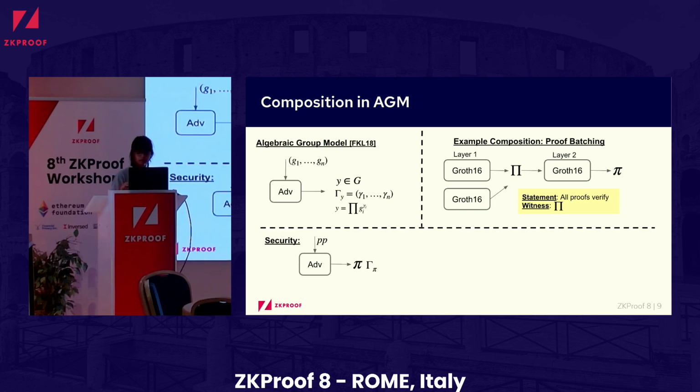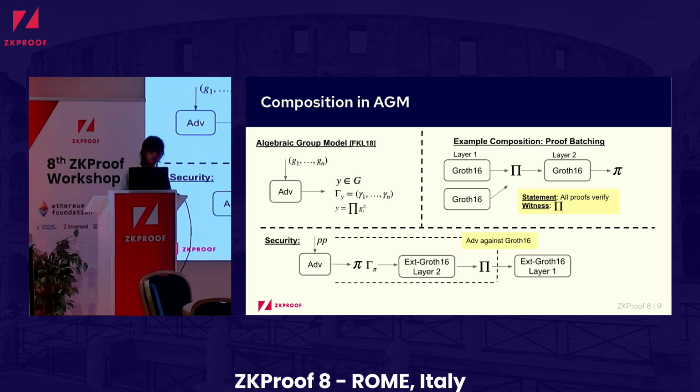To prove it, first there's an adversary against the full scheme who gives you the final proof, little pi, and because it's algebraic, it also gives you group representations, this gamma vector. We assume that CRUD16 is secure against algebraic adversaries, so we can apply the extractor using both of these inputs to extract the previous input, which is this capital Pi, the vector of all proofs.